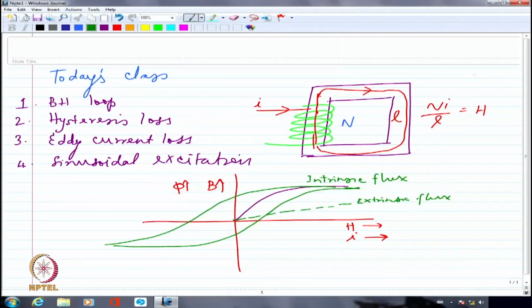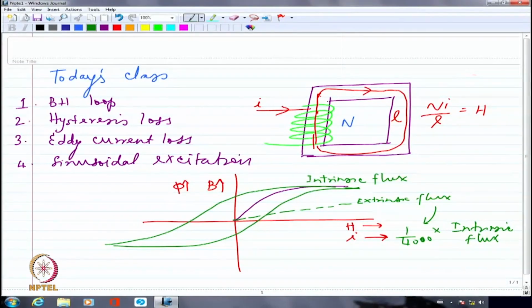This will be almost 1 by 4,000 times the intrinsic flux. So the way I have drawn it, it looks as though that is also taken into consideration. But definitely the extrinsic flux is going to be really, really small.